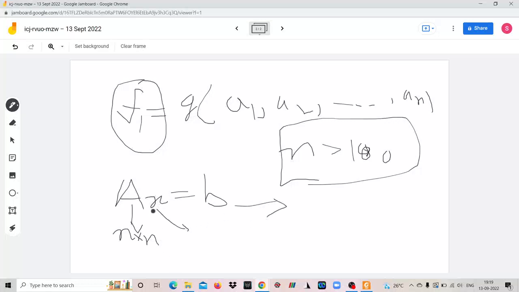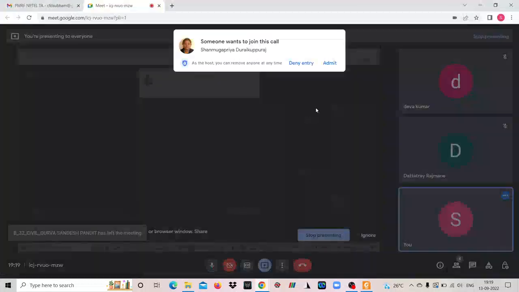What is the dimension of this vector x? If you are able to multiply this, with x1, x2, up to xn variables, this should be n by 1, and b is also n by 1.